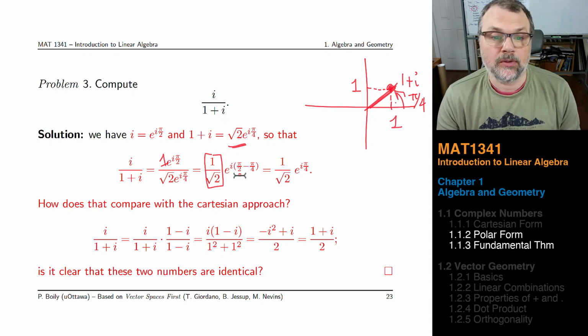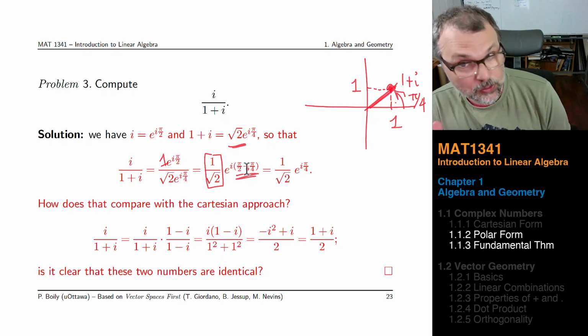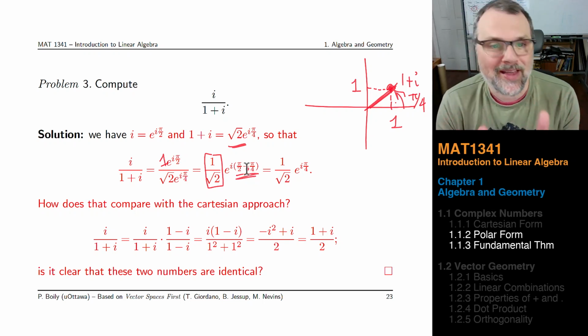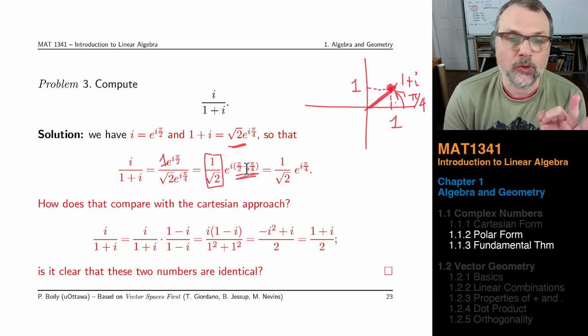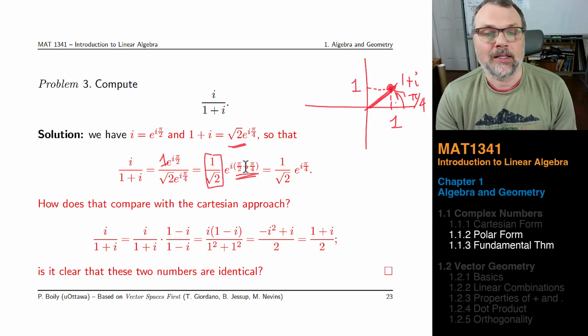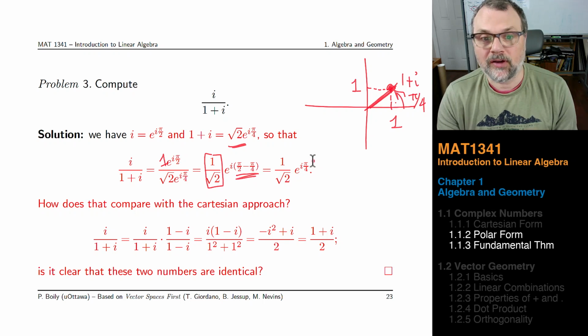That gives me e to the i pi over 2 minus pi over 4, which, when you simplify things, and we're expecting you to be able to simplify this without a calculator, pi over 2 minus pi over 4, I don't care what its numerical value is, you need to recognize that this is 90 degrees minus 45 degrees. That's 45 degrees, pi over 4.